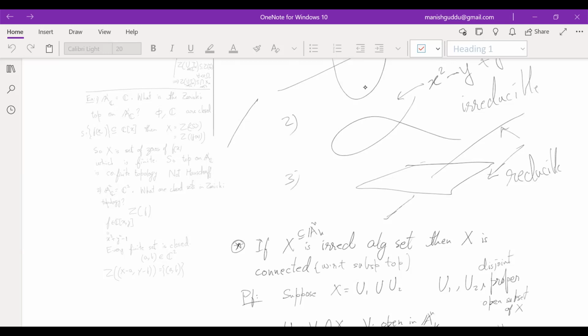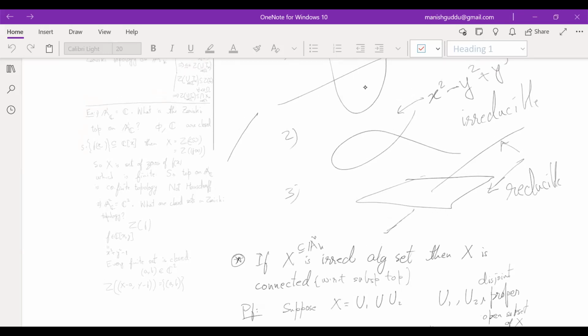But what I meant was that pictorially it gives you a different answer. If you take K to be R, then the picture of the elliptic curve from the last class or the class before, you saw it had two components, or you can look at a hyperbola for that matter.